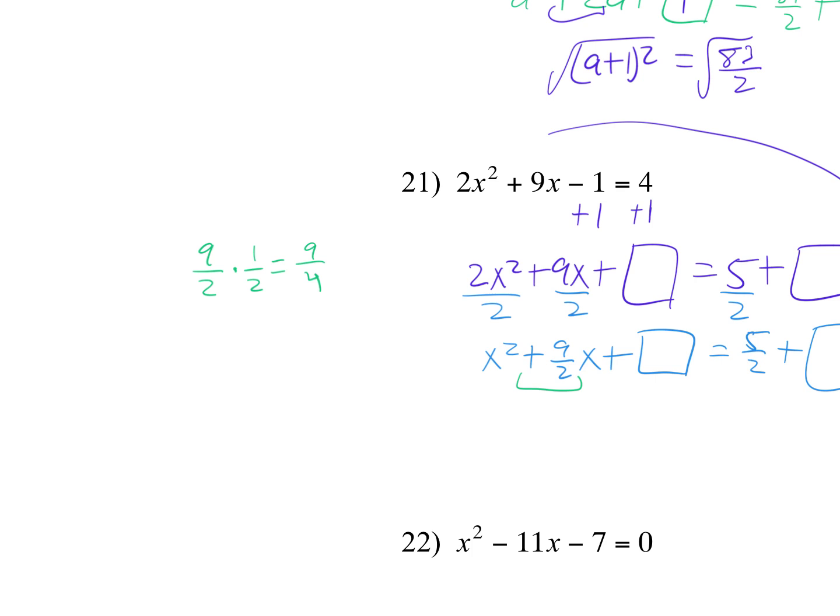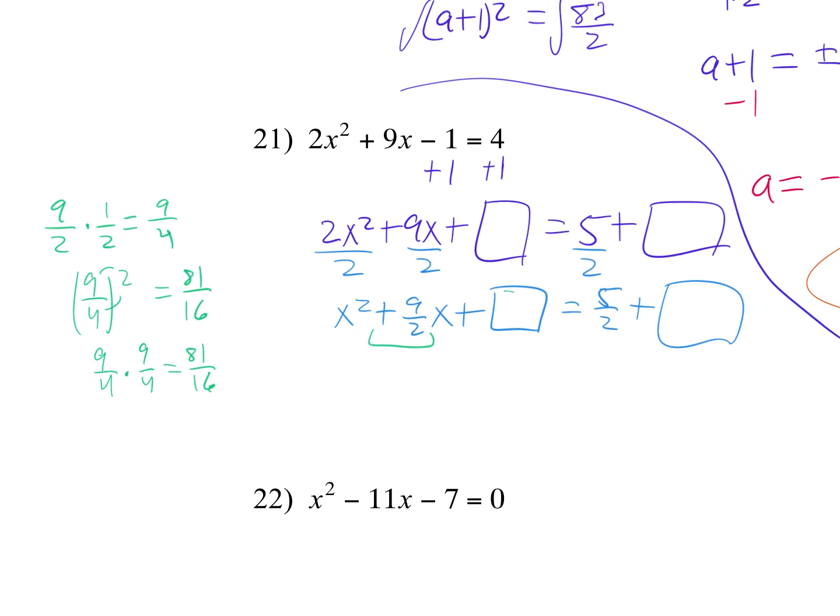So 9 over 4 is our b over 2 term, and now to square it, if we remember how to square fractions, you can either square the top, square the bottom, and then get 81 over 16. Or again, you can just write it twice, so 9 over 4 times 9 over 4, and then multiplying fractions again, you just go straight across. You get the exact same thing. All right, so we should get 81 over 16 in this little box.